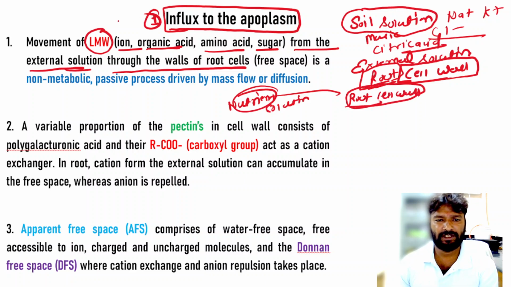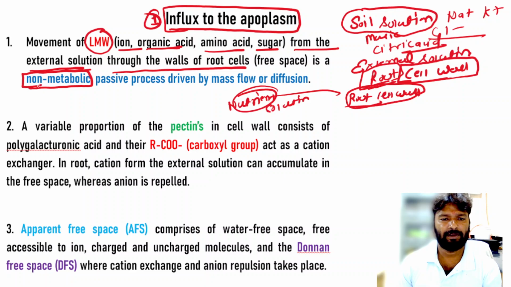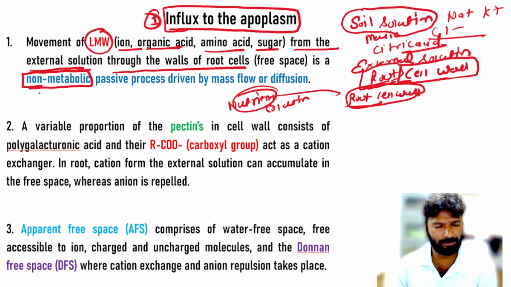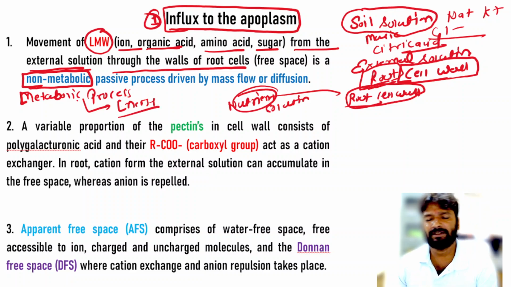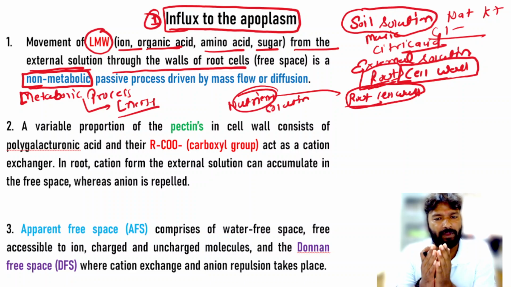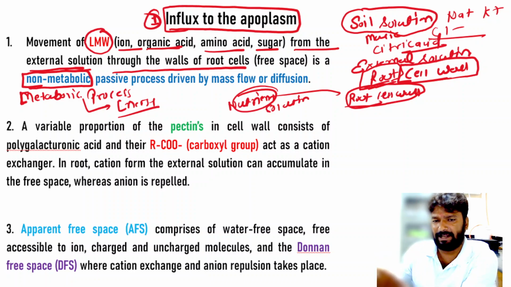So this is a non-metabolic process. What is the meaning of non-metabolic process? It means there is no metabolic process or metabolic energy involved during the movement of ions from the soil to the root cell.